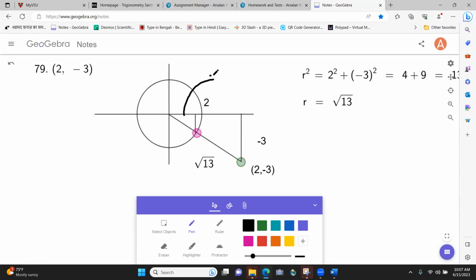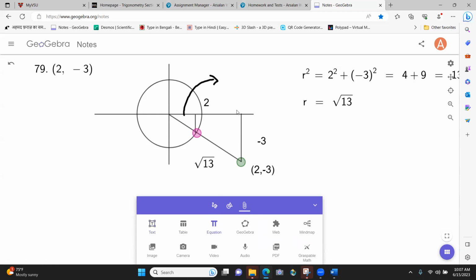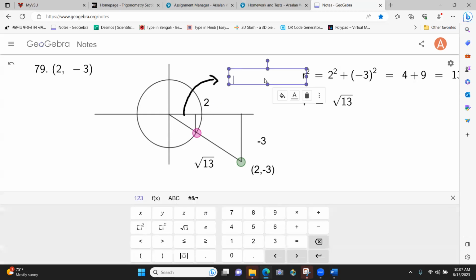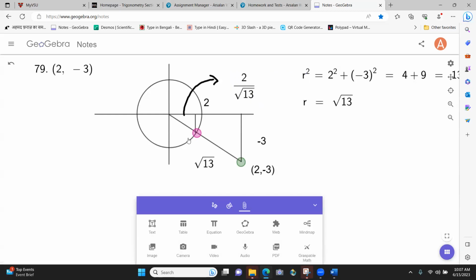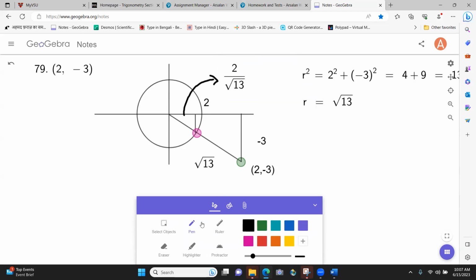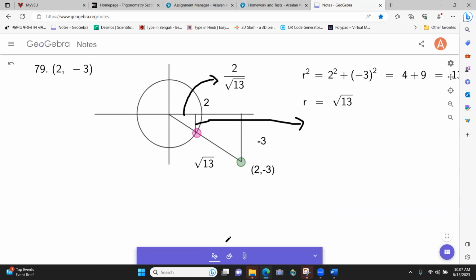This is going to be 2 over the square root of 13, the base of that little triangle. By little, I mean the one on the unit circle. And what about this guy? That's going to be negative 3 over the square root of 13.